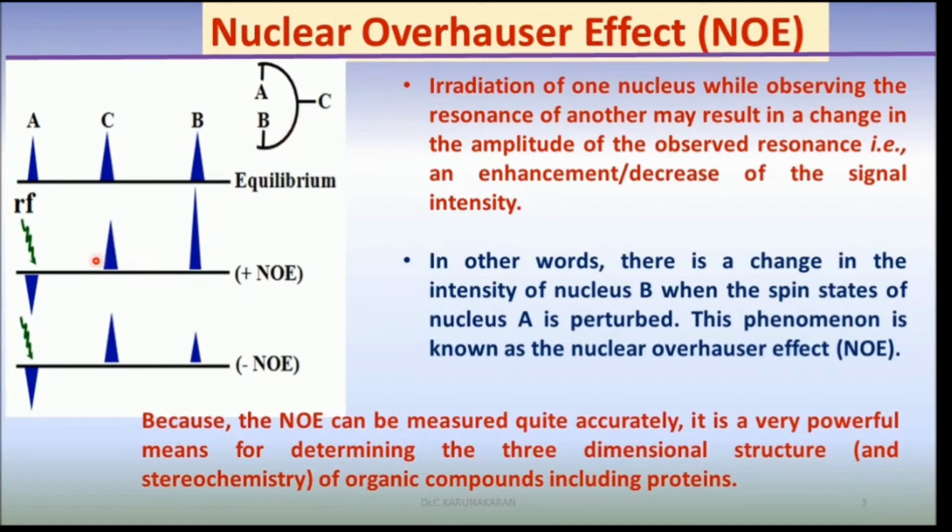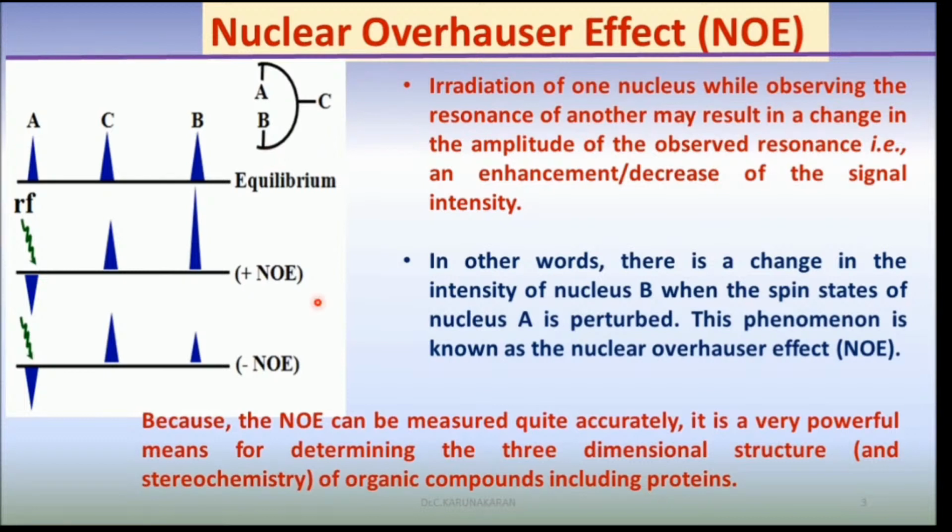When using the double resonance technique, when the A proton is irradiated, there is a change in the intensity of the NMR peak of B because A and B are close to each other.